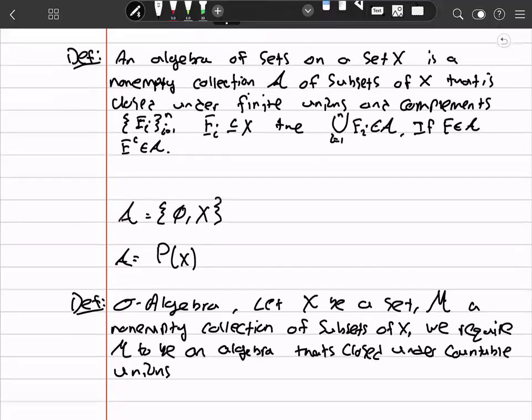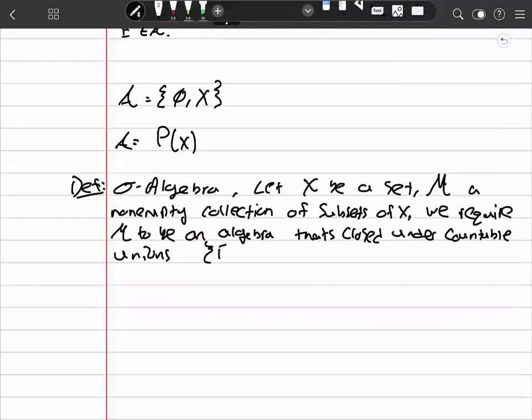What this means is that if we have a collection E sub i from i equals 1 to infinity, so this is a countable collection, subsets of X that are indexed by the natural numbers. We could have repeats in there, but as long as it's a countable collection, if this is a subset of M, then the union from i equals 1 to infinity of E sub i is in M. So this is a strengthening of the condition.